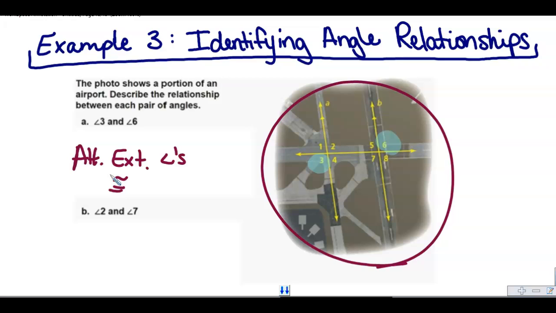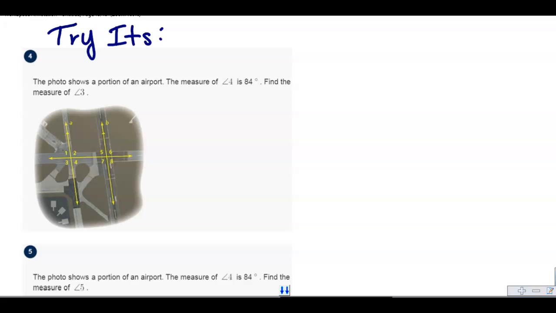What about angle 2 and angle 7? Angle 2 is here, angle 7 is here. Taking a look at those two angles, again, hopefully you've noticed that these are a pair of alternate interior angles that are formed in this diagram from the transversal. All right, your turn. Okay. I've got 3 problems for you.